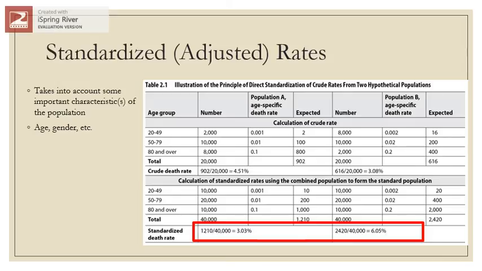So, again, these are the same exact groups, but when you look at the rates standardized, they look different. So now population B has twice as high of a death rate as population A when standardized, when taking into account the age of the population. So this is an example just showing that it's very important when studying mortality that you account for age.